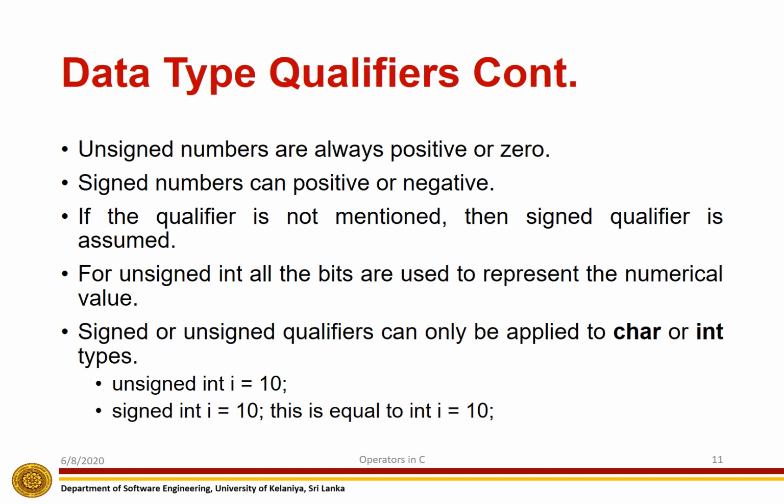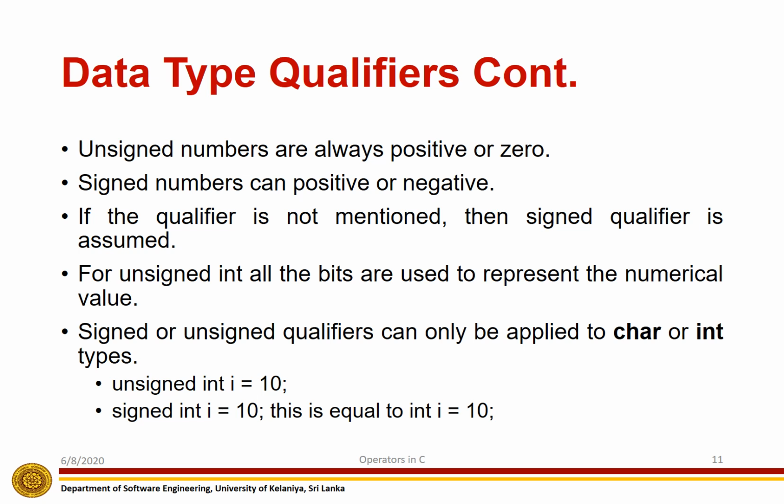Then the signed and unsigned qualifiers. When the unsigned qualifier is used, the number is always positive or 0. And when signed is used, the number may be positive or negative. If the qualifier is not mentioned, then the signed qualifier is assumed.